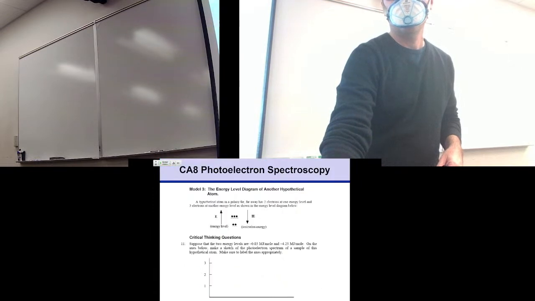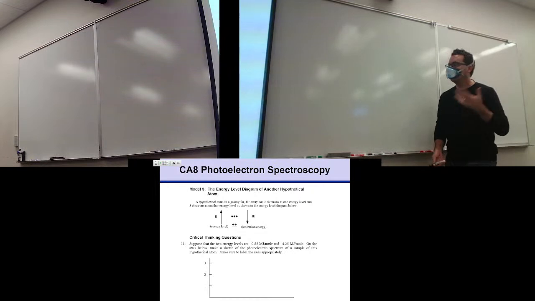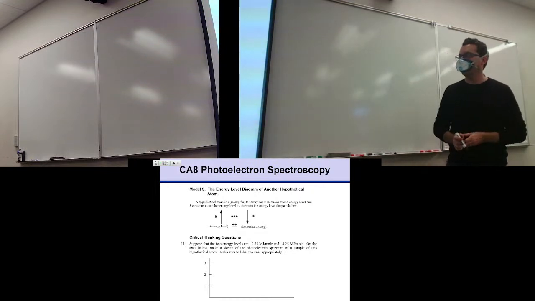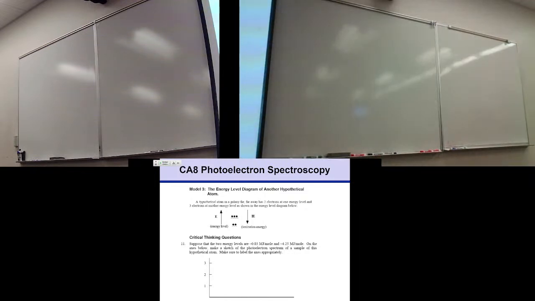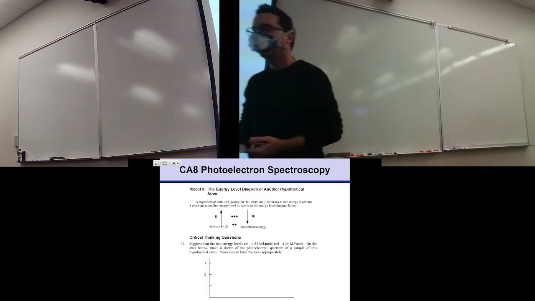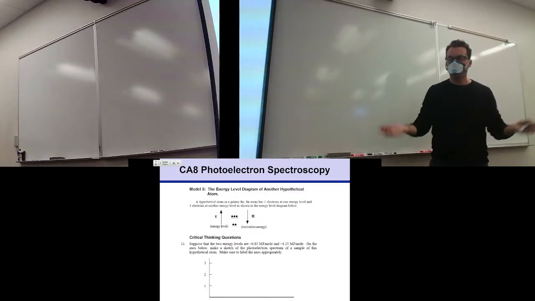So we did this. Then we did this. If you have an atom that has these 5 electrons at 2 different energy levels, what you can see is a ratio for peak height. We should see a 3:2 ratio because of the number of electrons naturally arranged in the atom, and that's just going to come from probability.